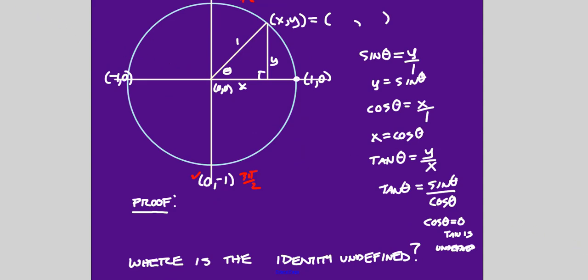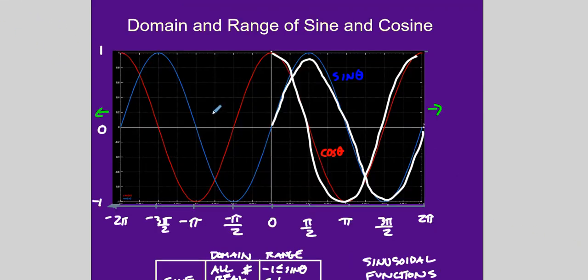And if we go back and look at the graph here, you can see that cosine has a value 0 here, here, here, and here. So if I start with pi over 2, notice every pi in either direction, cosine has a value of 0.